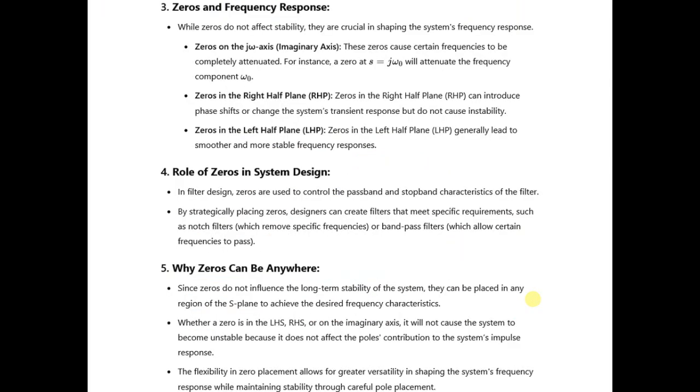Okay. Zeros and frequency response. Zeros on the imaginary axis cause certain frequencies to be completely attenuated. For instance, a zero at s equal to j omega naught will attenuate the frequency component omega 0.